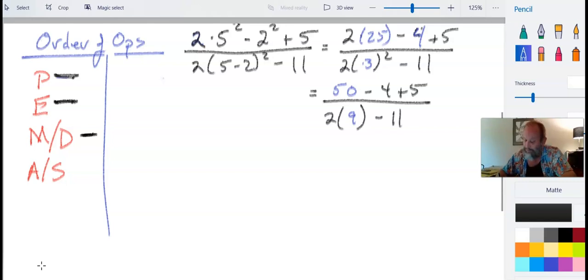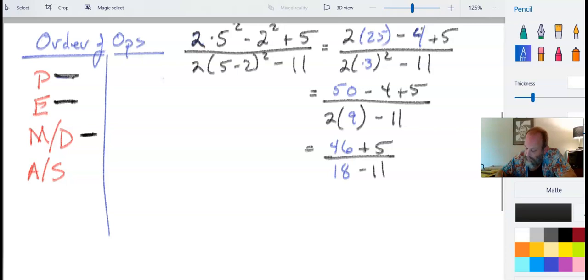Okay, right, so now I have this, and I can just go through and simplify the rest. We'll do the subtraction, then the addition, because it's always left to right. 50 minus 4 is going to be 46, plus 5. 2 times 9 is 18, minus 11.